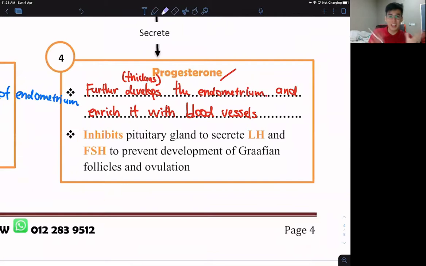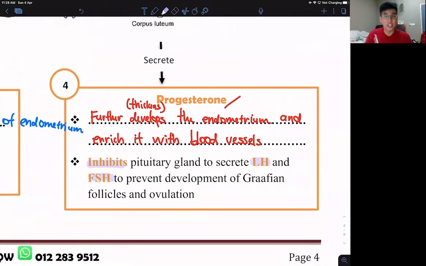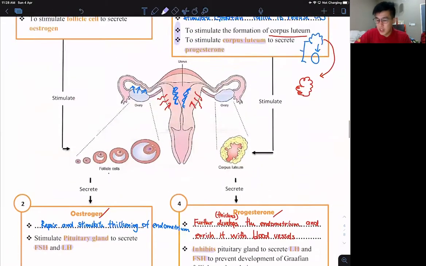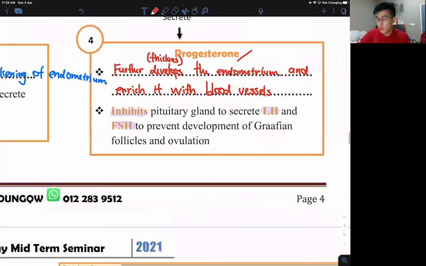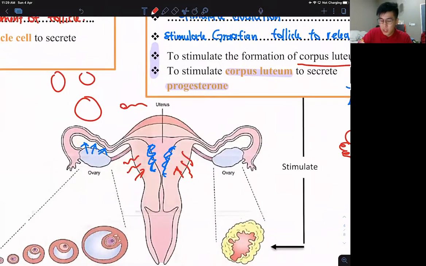Progesterone, how does it affect the next hormone? So progesterone basically inhibits LH and FSH. Because right now, I already have one secondary oocyte over here. Sperm could come anytime to fertilize it. So progesterone will prevent the next secondary oocyte from being released. If progesterone doesn't inhibit LH and FSH, which means ovulation is going to keep on happening, which means I will keep on releasing more and more secondary oocytes.